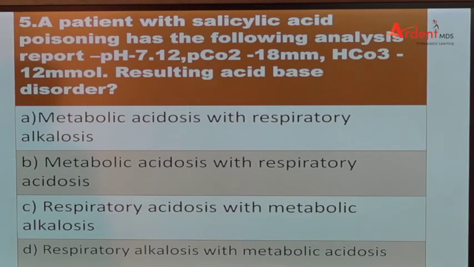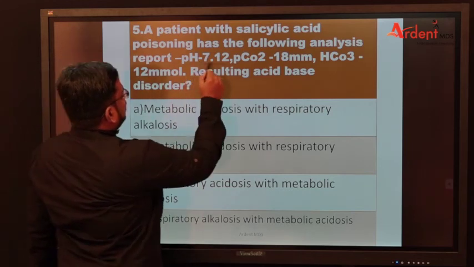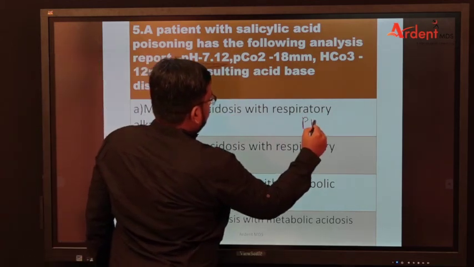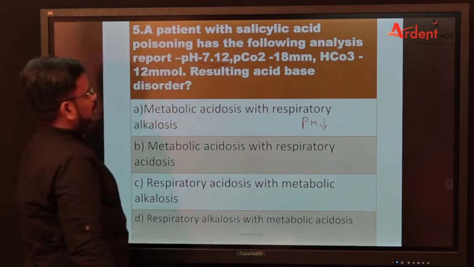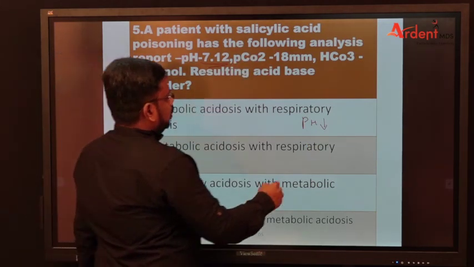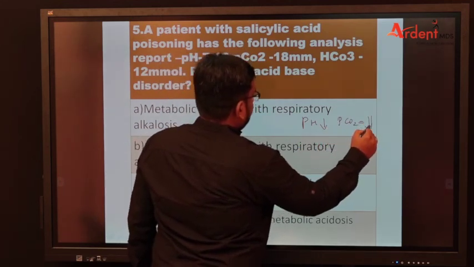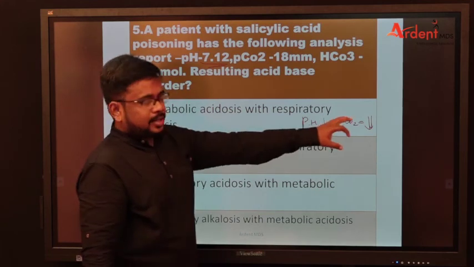Right. So coming to the last one. A patient with salicylic acid poisoning has a pH of 7.12. Okay, so pH is less than normal. Partial pressure of carbon dioxide is 18 millimeter mercury. So again, partial pressure of carbon dioxide is decreased, right? So both are decreased.